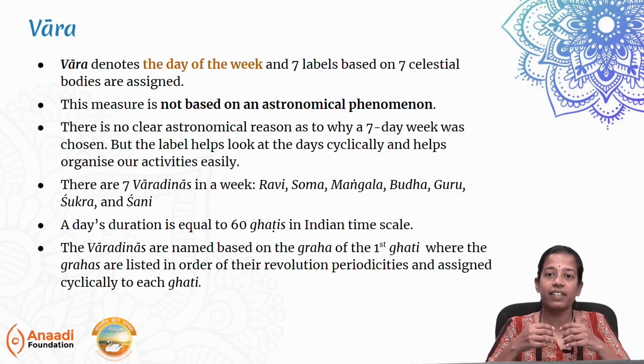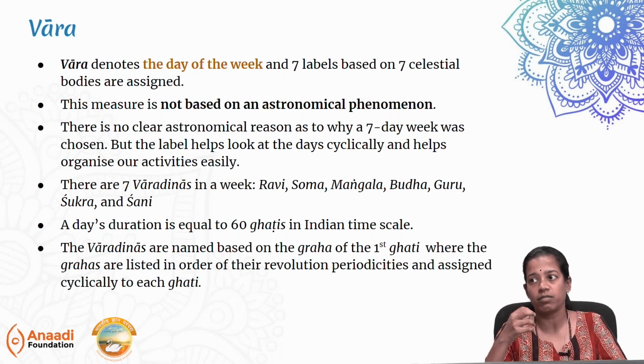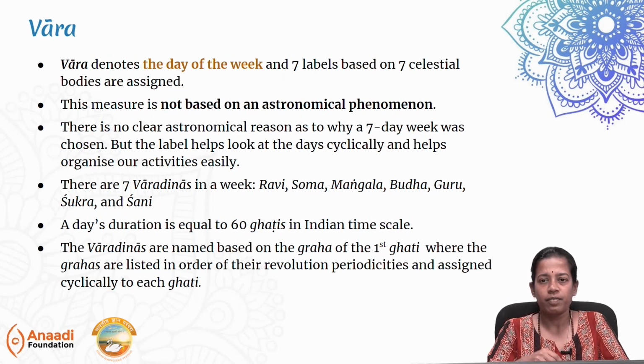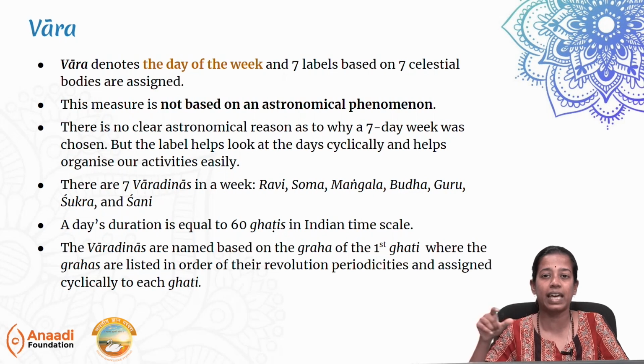The names of the 7 days of the week, interestingly, are not found in the Vedas. There is no reference to the use of the Vara dinas even in the Mahabharata. Only in one verse of Vedanga Jyotisha, a recension in the Atharva Veda, the names of the sun, moon and the 5 planets occur, in the same order as that of the Vara dinas.